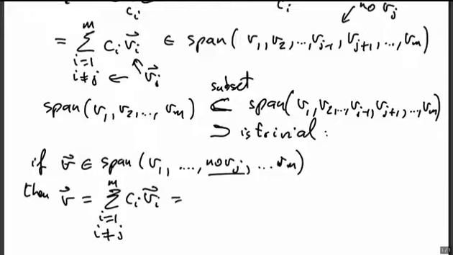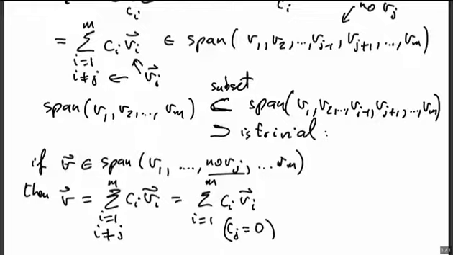But then we can also write this in the following way: i going from 1 to m ci vi, if we don't assume that the jth vector is missing, but instead we say that cj is 0. Then that means that it's not that vj is missing, but its coefficient is 0, so practically it's the same sum as before.